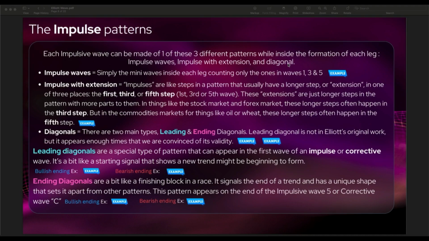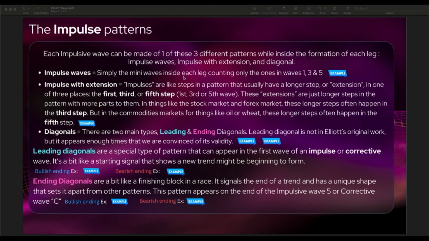Some things I think are important to learn and some things aren't, but I will touch upon them later down the series for any of you guys that want to get more specific or more fine-tuned with each corrective and impulsive wave.